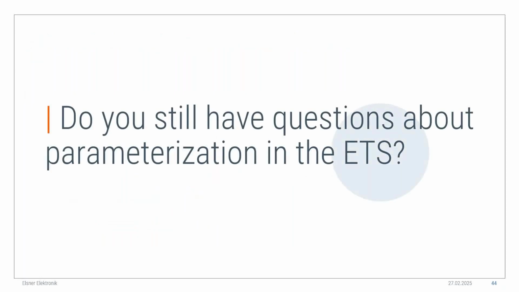All right, one question popped up already: what is the difference between HVAC priority 1 and HVAC priority 2? Let me give you a quick example. HVAC priority 1 is more important than HVAC priority 2.